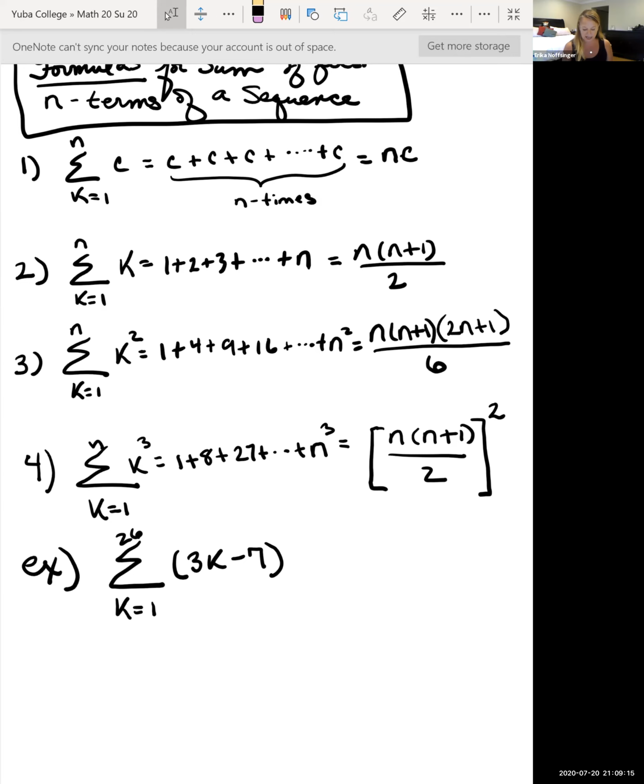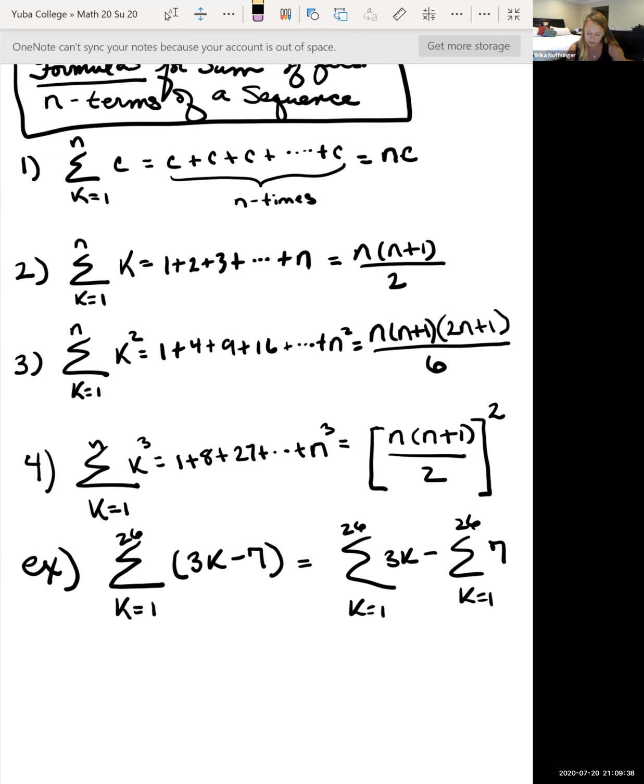Notice that I have a difference here, so I can break this down as 2 separate summations. This is the same thing as the summation from k equals 1 to 26 of 3k, minus the summation from k equals 1 to 26 of 7.